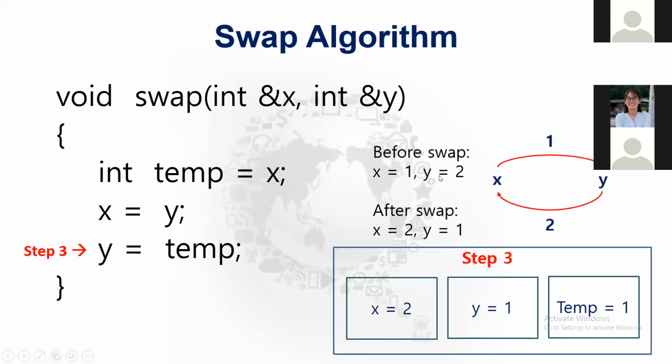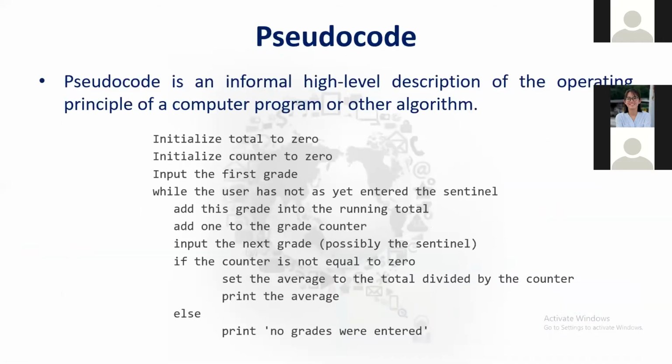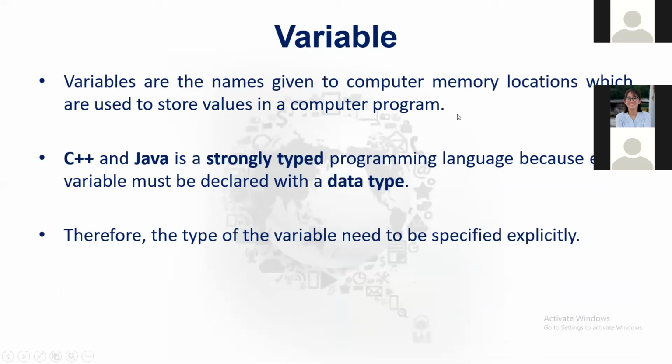If you didn't set x equal to 1, there would be nowhere to know what 1 and 2 are, so you need something to carry the values. So x, y, and temp are what we call variables, and each of them needs computer memory to store it.